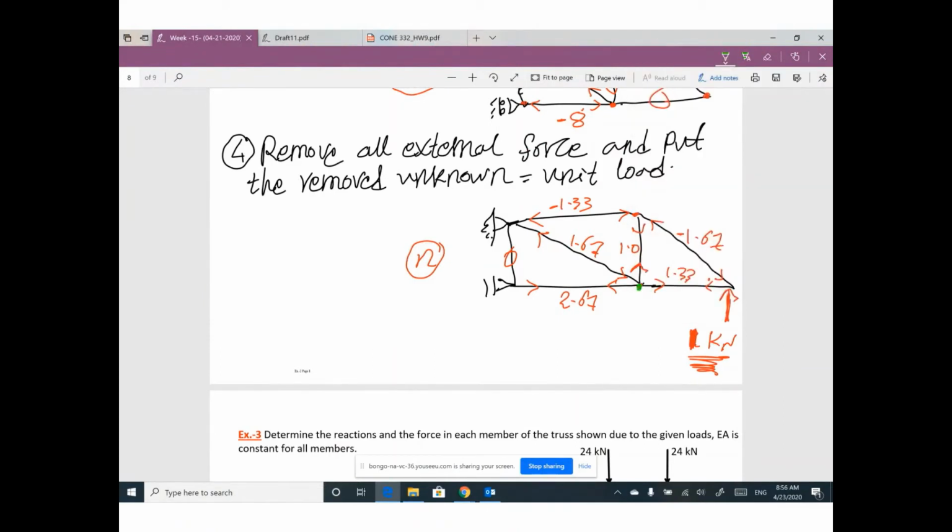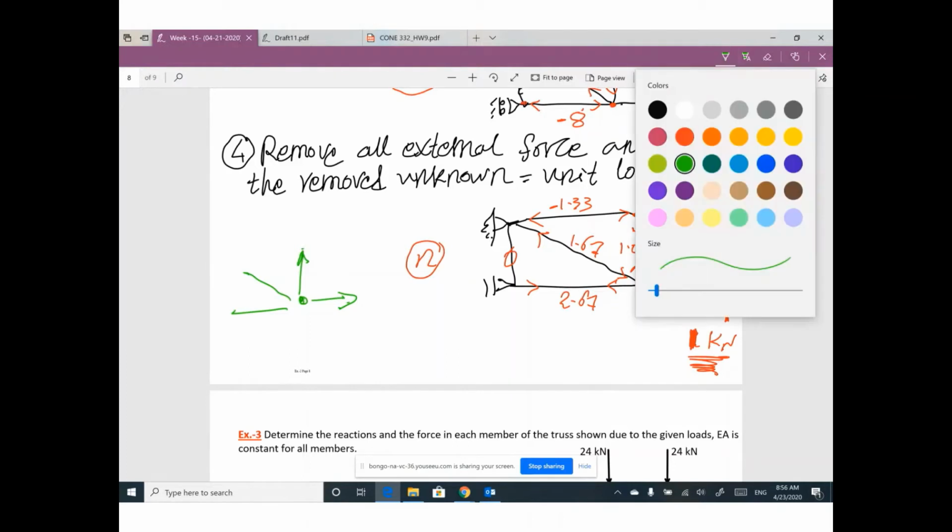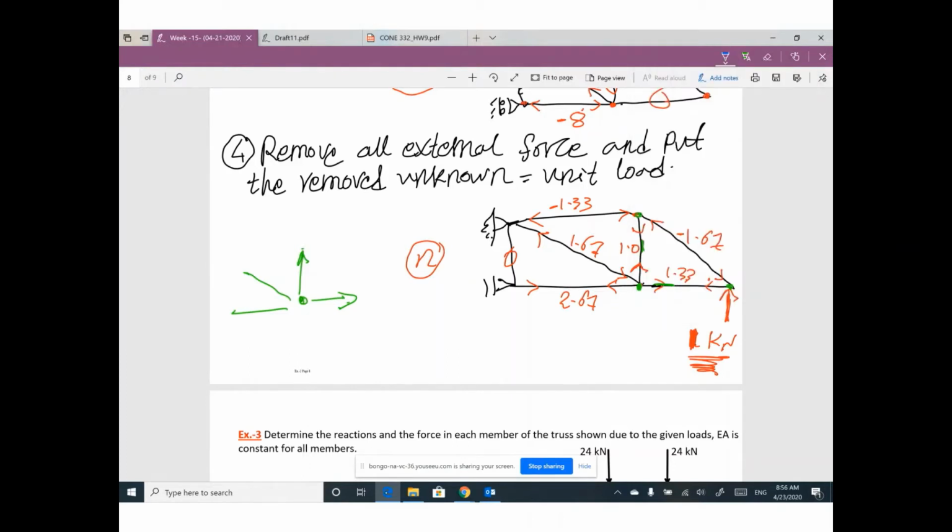Try this joint. We have horizontal force, we have vertical force, we have this member and this member. With this member already done from this joint and this member already done from this joint, so this one in tension, this one in tension. If you are trying to search whether this member will be tension or compression, imagine whether the vertical component of this member must be down or up. What do you think, Brock?